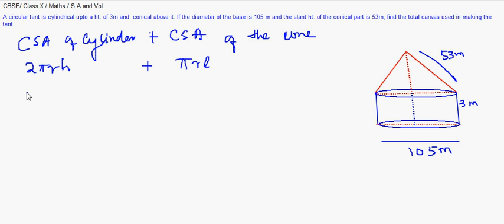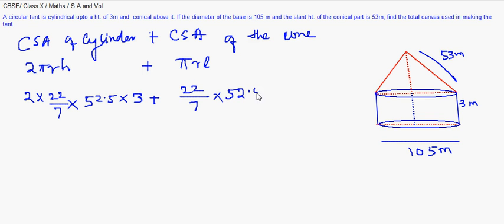So it is 2 into 22 by 7 and the radius will be 105 by 2, that makes it 52.5, into height 3 meter, plus 22 by 7 into the radius, which is the same 52.5, into l, that is 53.